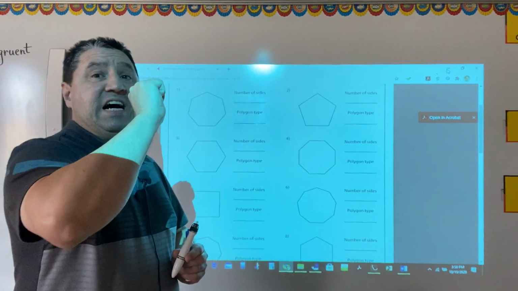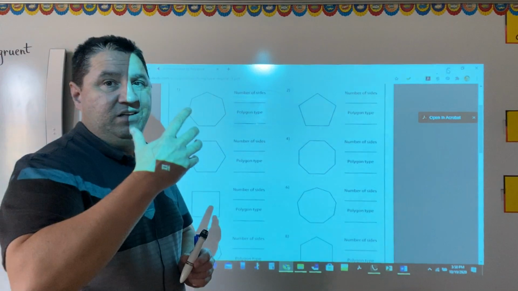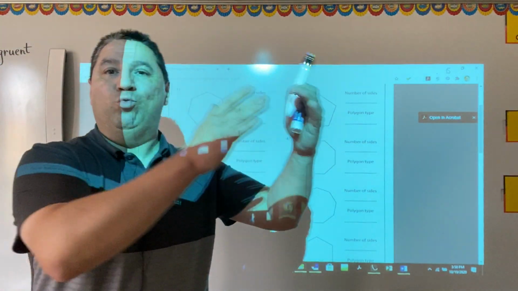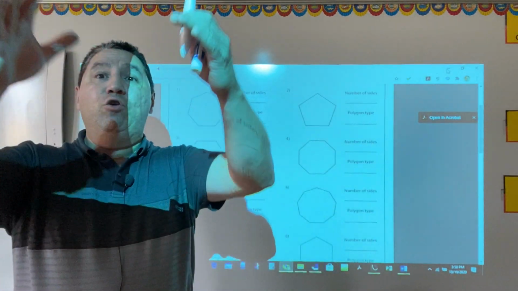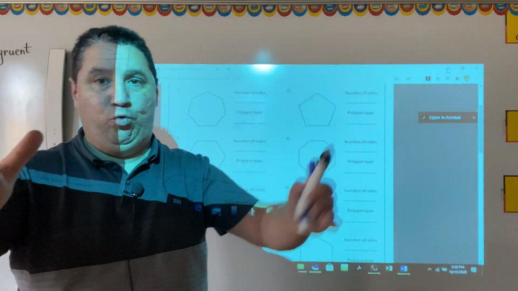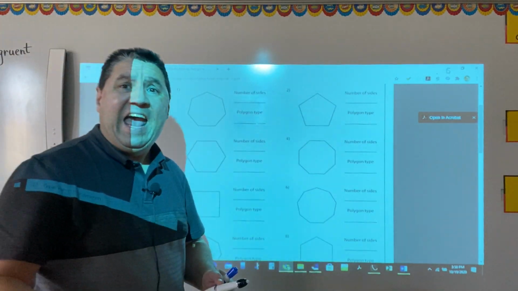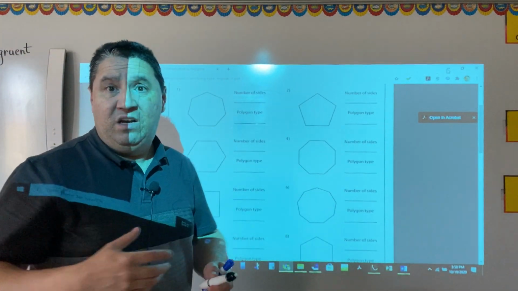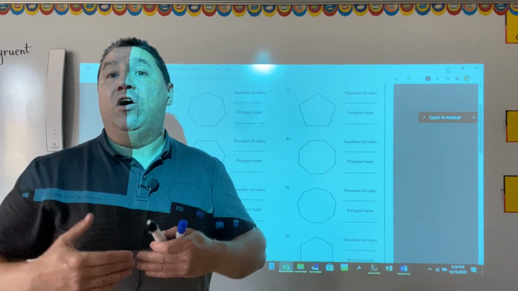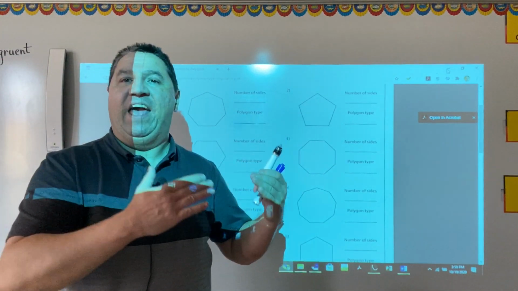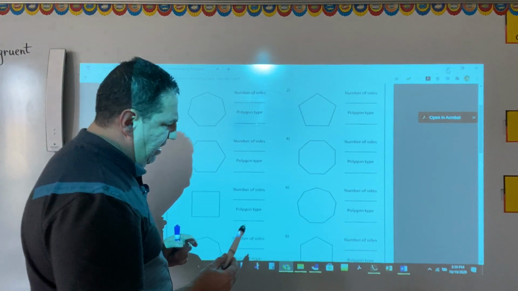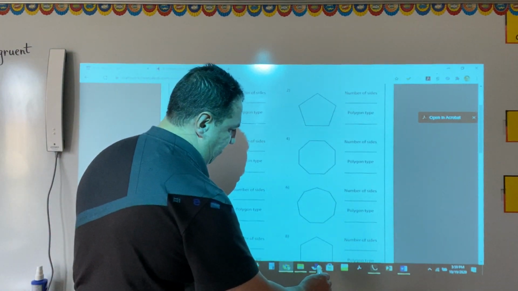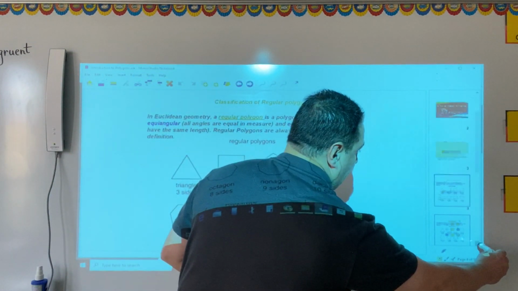By the way, an irregular polygon is the opposite of regular, right? If a regular polygon has all sides congruent, all angles congruent, an irregular polygon has all sides different, all angles different. Let me show you a few examples of irregular, right?